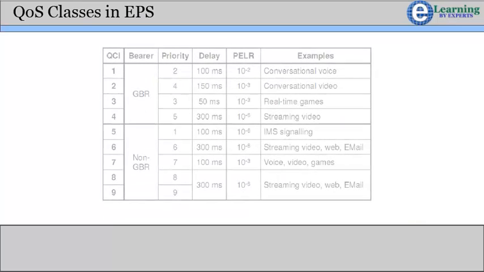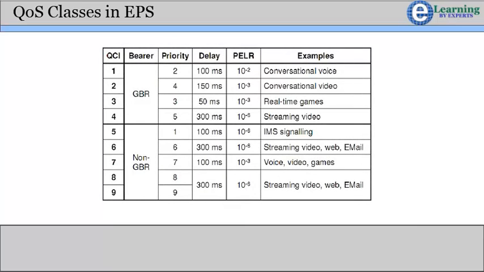When a service is defined, QoS is established for that service. The QoS attributes of a service are associated with the LTE QoS class identifiers, QCIs. Services with QCI of 1 to 4 will require a GBR bearer and services with QCI of 5 to 9 will require a non-GBR bearer.